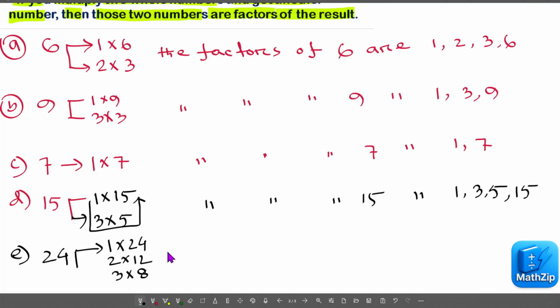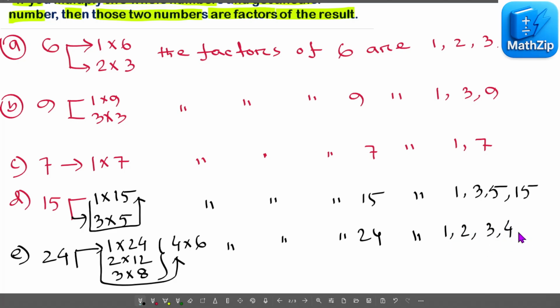Then we can get more, like 4 times 6. 5 is not possible, 6 is already done, 7 is not possible, then 8. So the factors are like this. We can say the factors of 24 are 1, 2, 3, 4, 6, 8, 12 and 24.